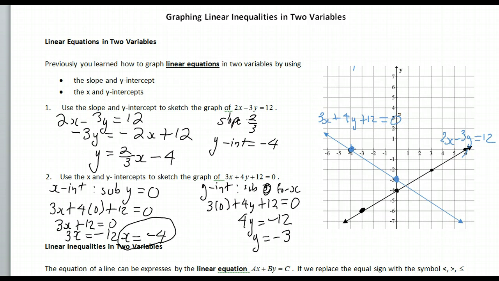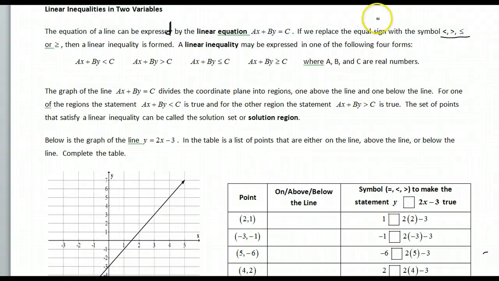Okay, so this is just a review of drawing a straight line. Now, linear inequalities in two variables. Since the equation of a line can be expressed by the linear equation ax plus by equals c, if we replace the equal sign with the symbol strictly less than, strictly greater than, less than or equal to, or greater than or equal to, then a linear inequality is formed.